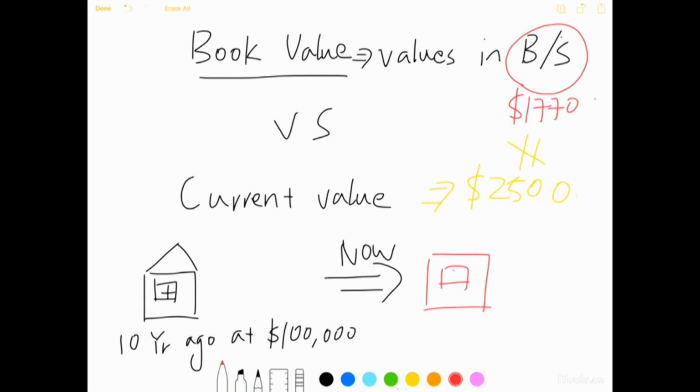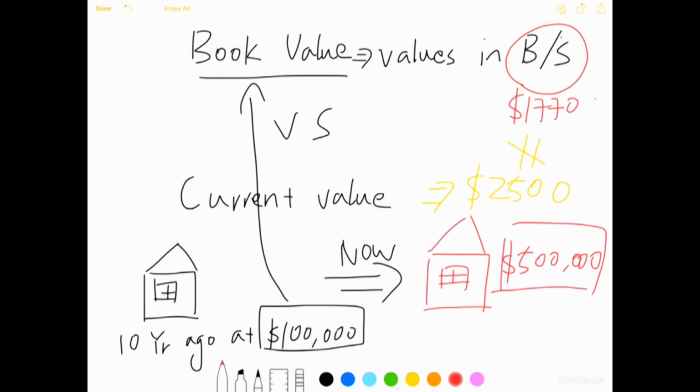But your house can actually be worth, say, $500,000. In this case, the $100,000 is your book value recorded on your balance sheet, and it's going to stick there forever, while the $500,000 is your current fair value in the market. They are very unlikely to be the same, because that $100,000 is a historical cost, how much you purchased it for at the beginning.